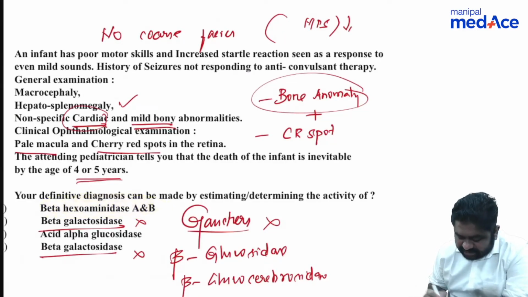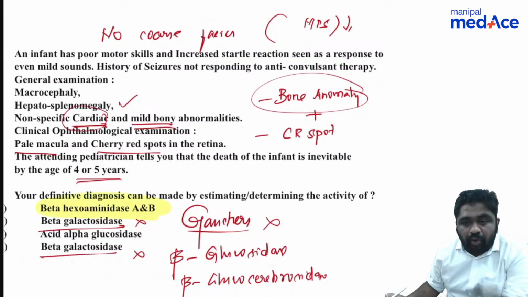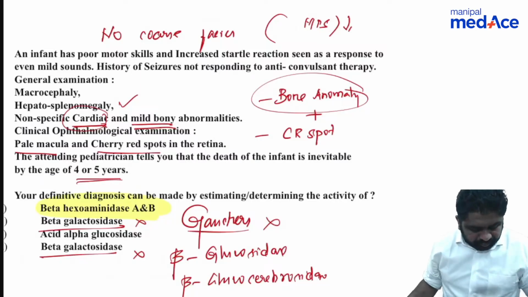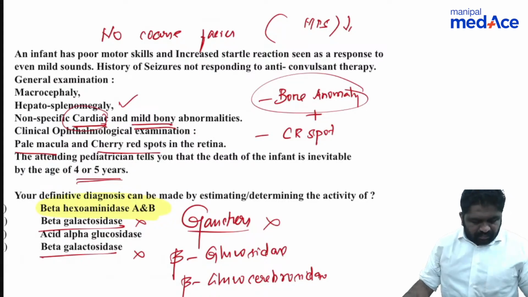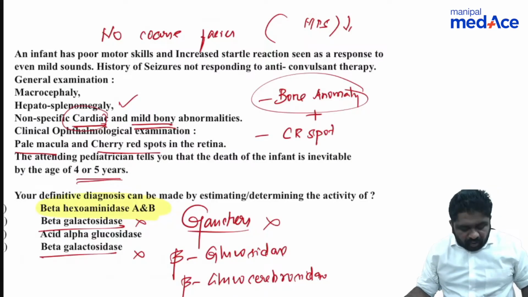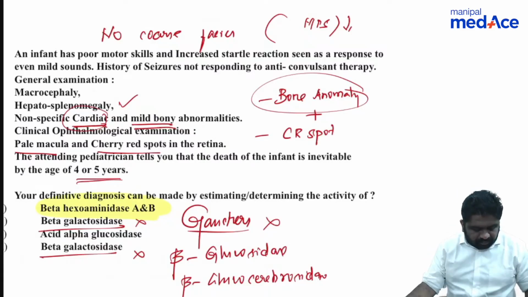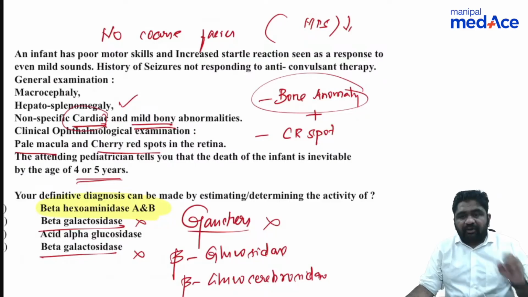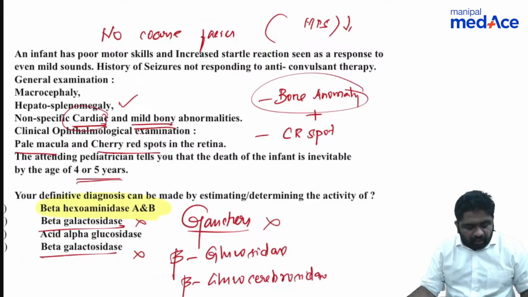The answer is this. Now, shall I teach you? If you're okay, shall I teach you how exactly you can learn all of them in one single slide? Is it okay? In one slide, is it okay if I teach you this? Stardust, you have to choose only beta glucosidase or beta glucocerebrosidase.